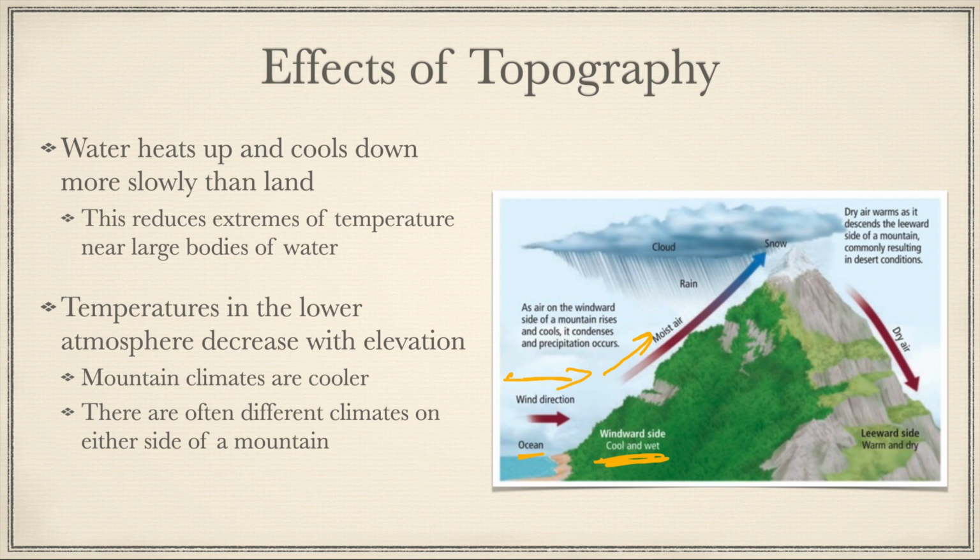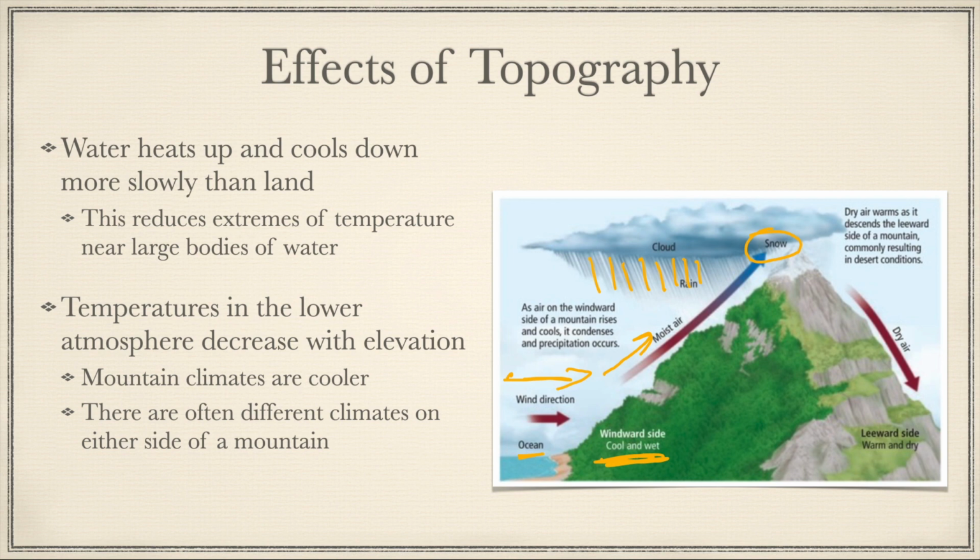But as the air rises on the windward side of the mountain, it cools, it condenses, and precipitation occurs. So you have a lot of rain falling on this windward side of the mountain. Now, as the air goes up and over the mountain, you'll get some snow on top. But then the air basically dries out as it comes up over the top of the mountain, because you've got a lot of rain, and a lot of the moisture will actually fall out of the air as it comes up and over the mountain.